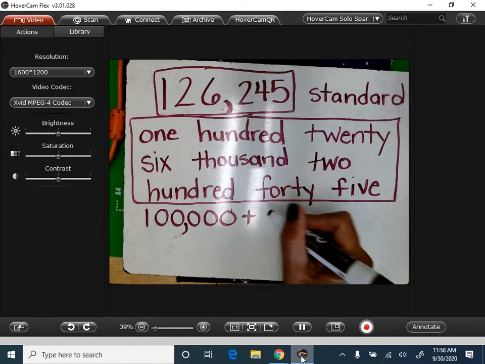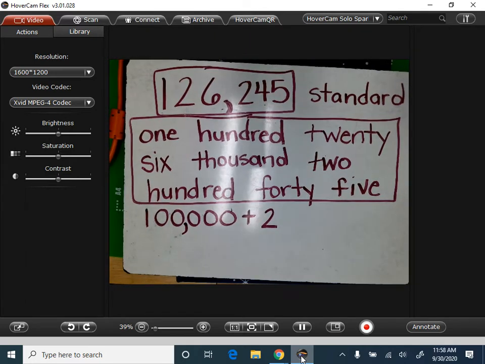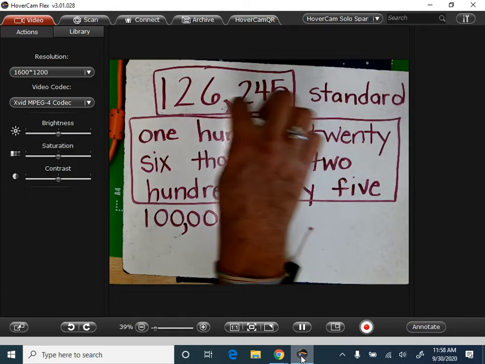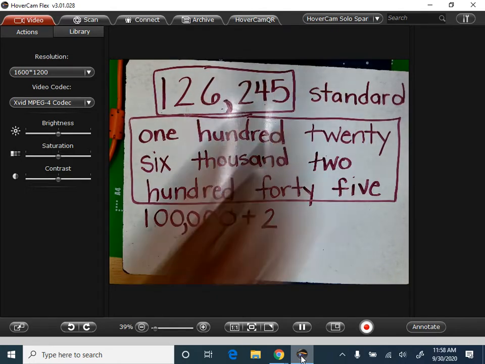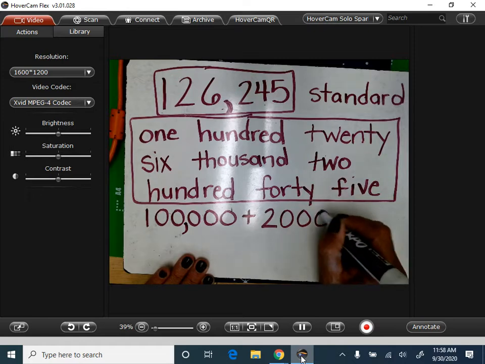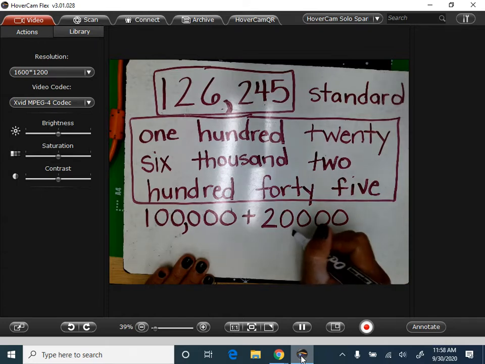Go to my next digit. It's the 2. That means we have 2 10,000s, which is 20,000. But if you're not sure about that, then we just go look how many places are behind it. 1, 2, 3, 4. 4 zeros. I go from the end, count 3.